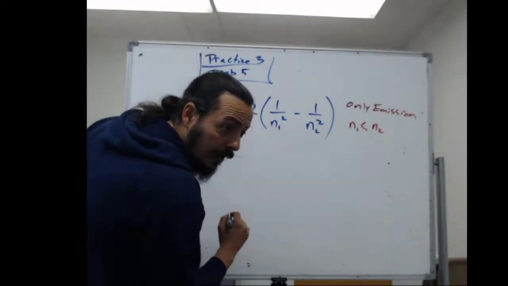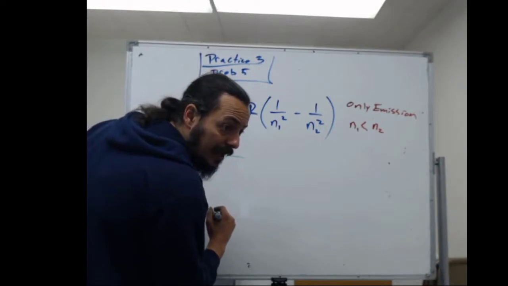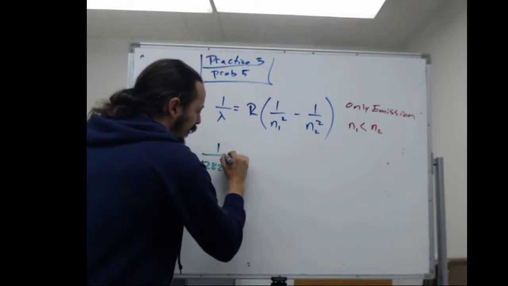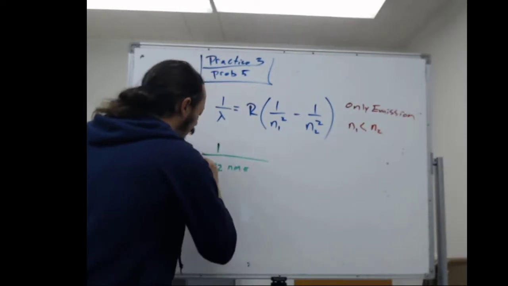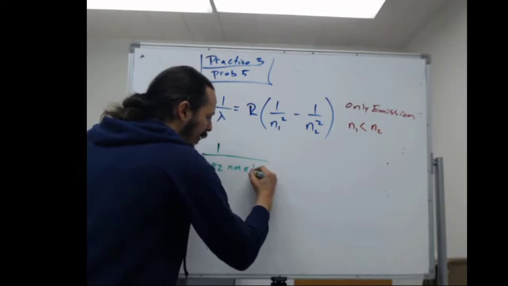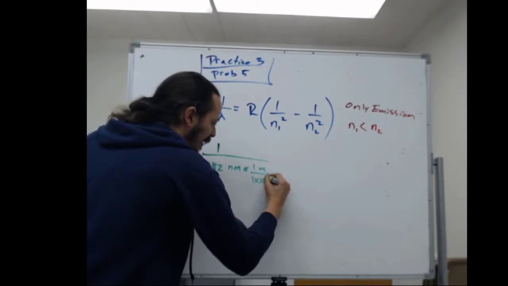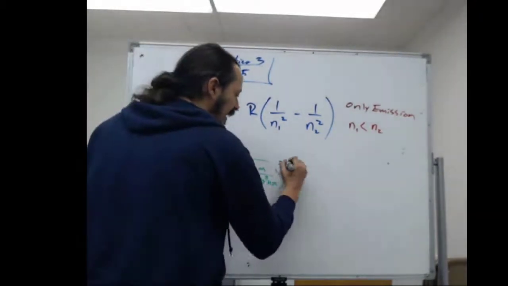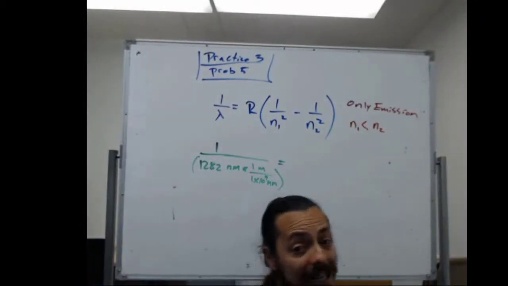I've got 1 over 1282 nanometers. I'll go ahead and put my conversion factor down there as well, which is 1 meter has 1 times 10 to the 9 nanometers. Lots of nanometers in a meter. It's equal to, again, equations sheet.